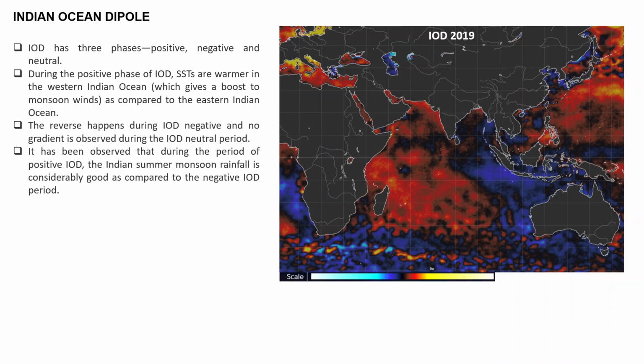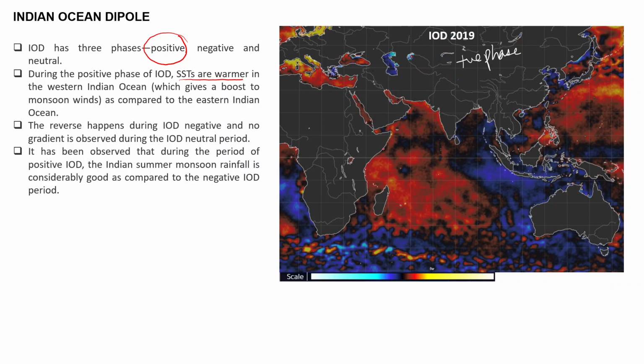For example, in 2019, the Indian Ocean Dipole showed a positive phase. So what does positive, negative, and neutral mean? The positive phase is the one in which the western side of the Indian Ocean warms considerably, so the sea surface temperatures are warmer than the eastern side.